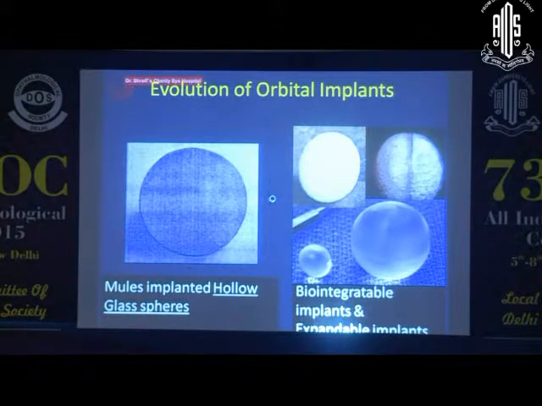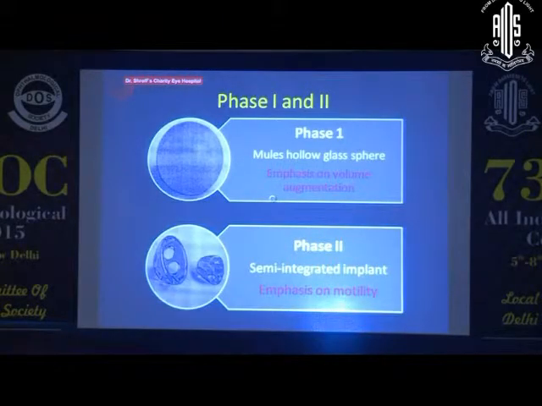Orbital implants have undergone a sea change from the 1880s, when Mules first put in his glass spherical implant, to the current expandable implants. The initial implants were basically meant to augment the volume, and then came the semi-integrated implants to increase the movement also. But both of these have become obsolete because of the high rate of extrusion and infection they used to cause.